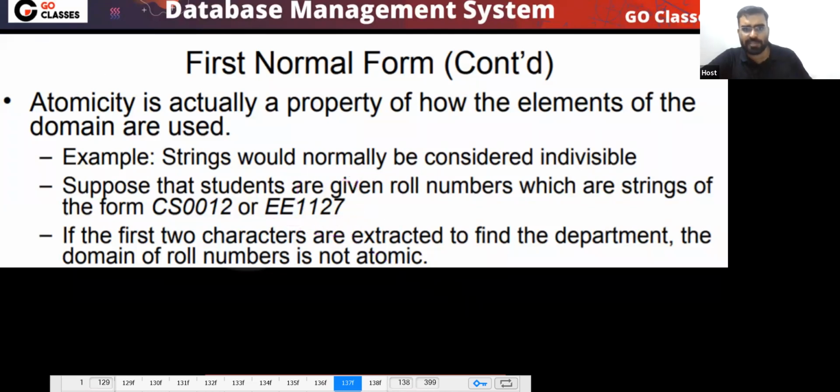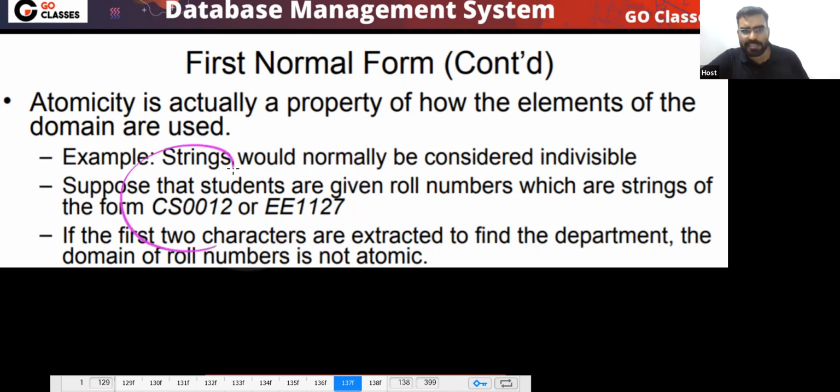No, you cannot retrieve it. This is what I told you. So when I say domain is atomic, it means that if your domain contains this element, then you cannot retrieve this part. Unbreakable.